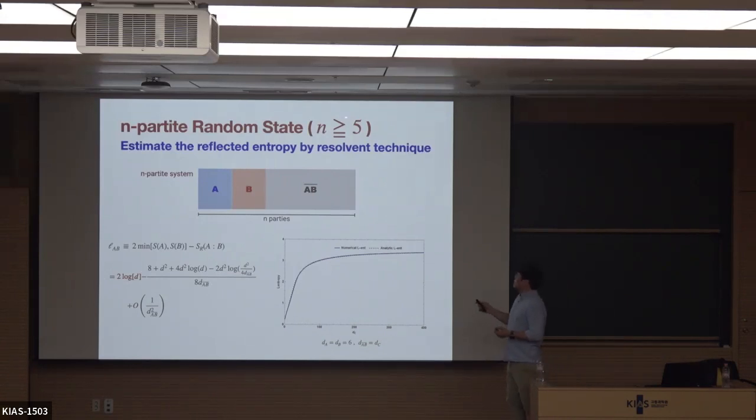That means when n is greater than or equal to 5, it's almost a maximally multi-entangled state. There are, of course, corrections. We also confirmed this numerically: the blue line is a numerical calculation of the qubits and the L entropy, compared with this analytic result, and they are almost close to each other.